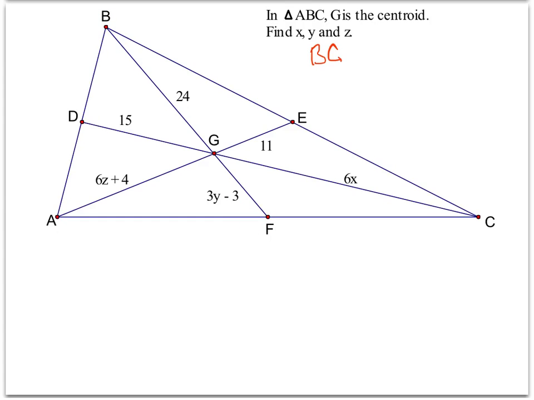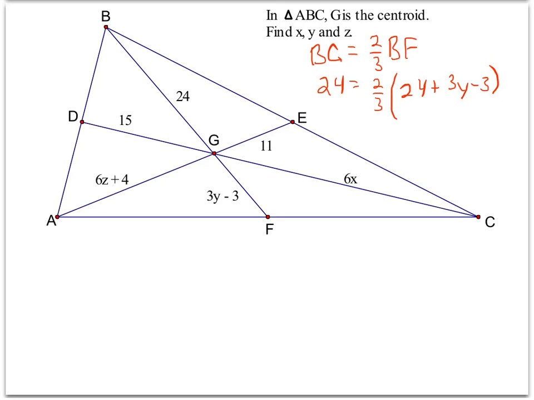BG is equal to 2/3 BF. Now I can substitute. We have that BG is equal to 24, and BF is equal to, here we're going to have to add 24 plus 3y minus 3, since we have to account for the entire length BF, so it's BG plus GF.